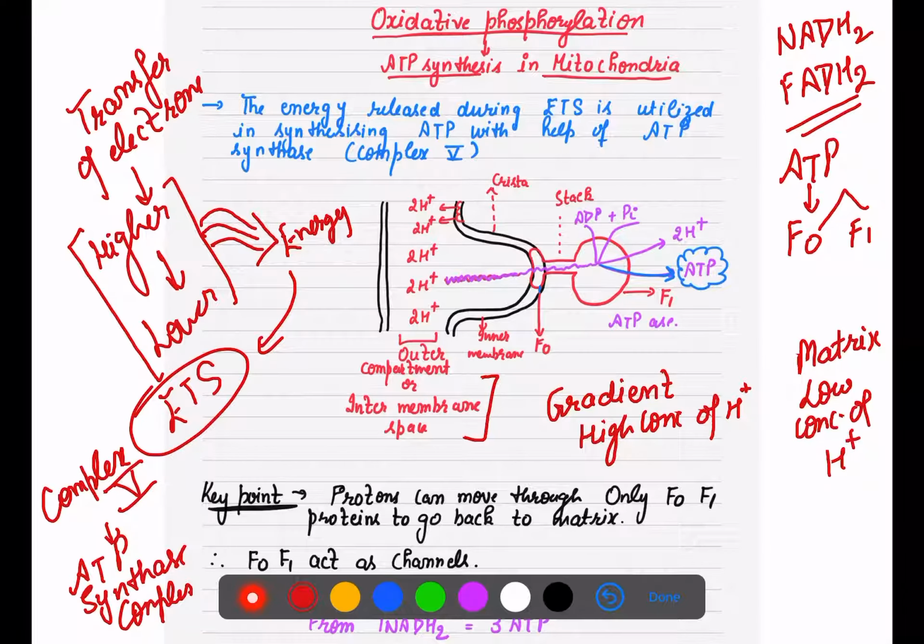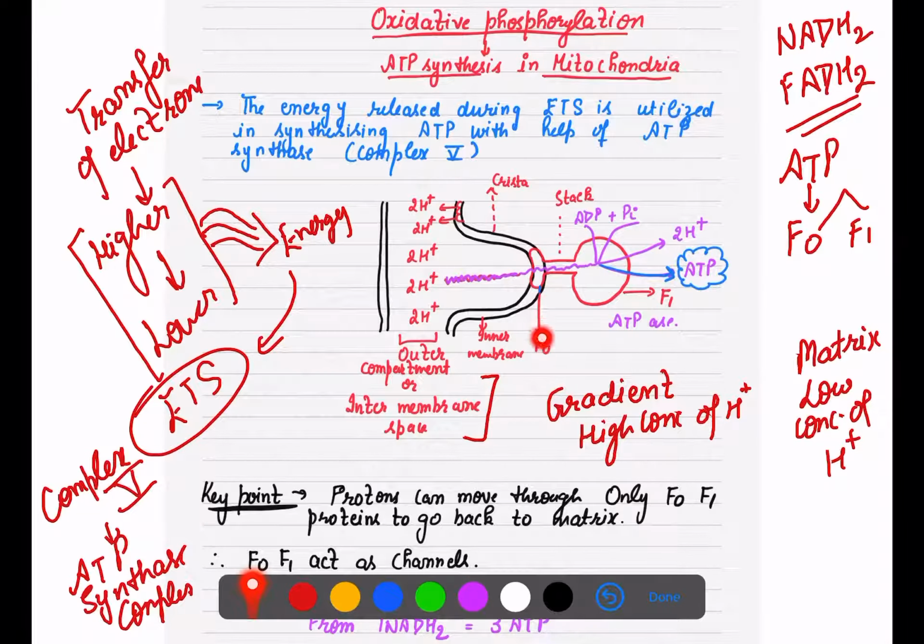And how to break down this gradient now? Protons have to move back to the matrix, because movement is always from higher concentration to lower concentration. So they need to pass through the channels, through the gate, and these are our F0 F1 proteins.